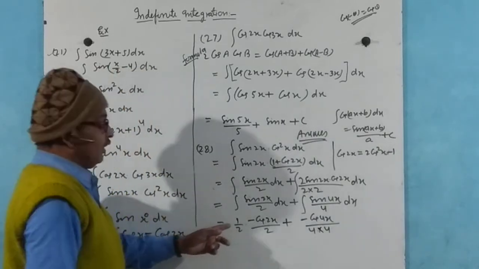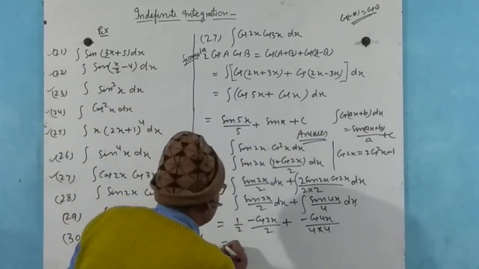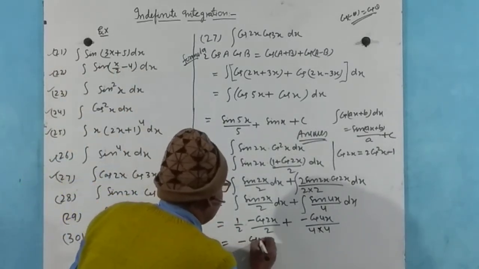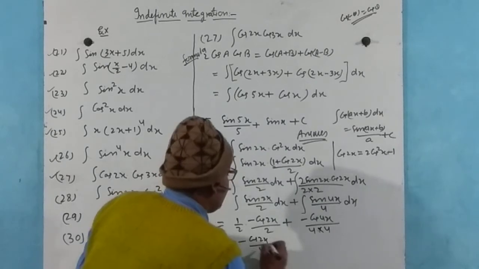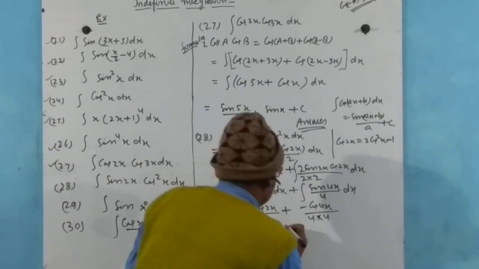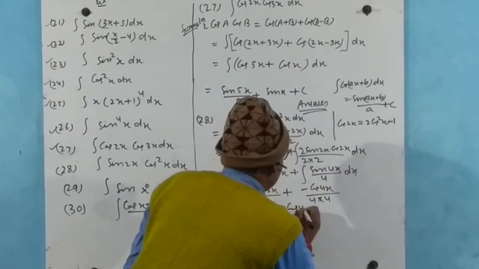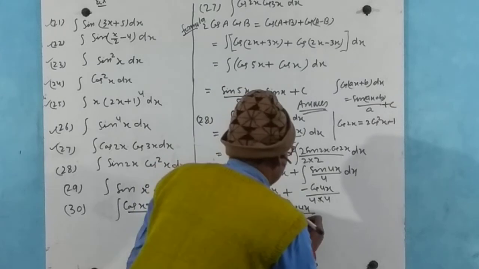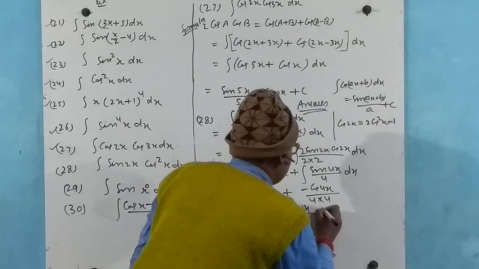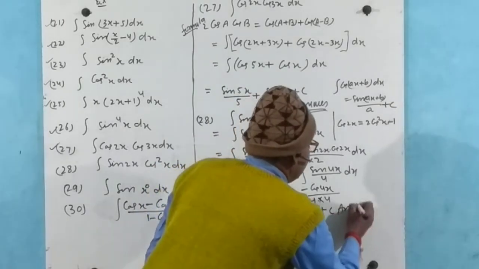This can be written as minus cos 2x by 4 minus cos 4x by 16 plus c here.